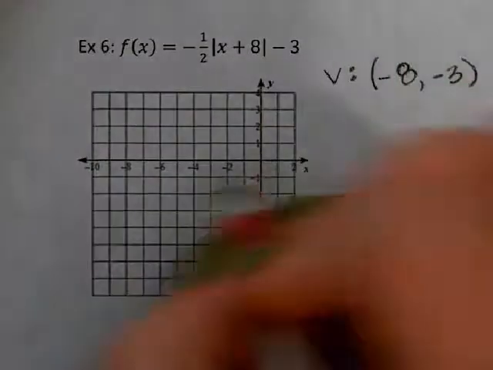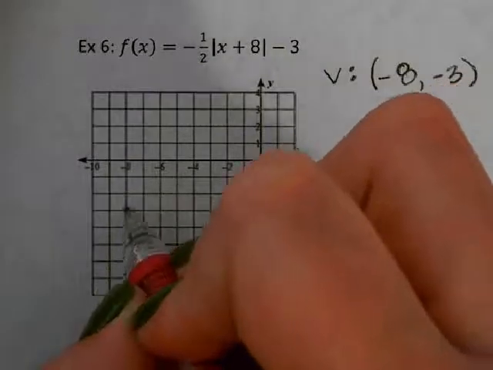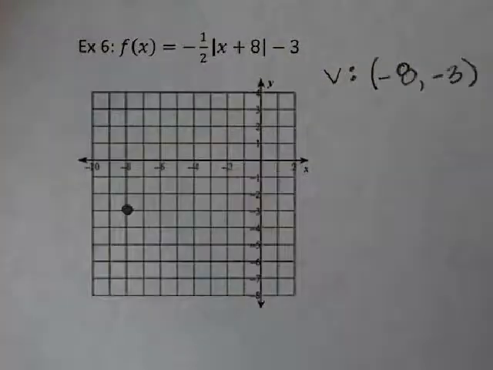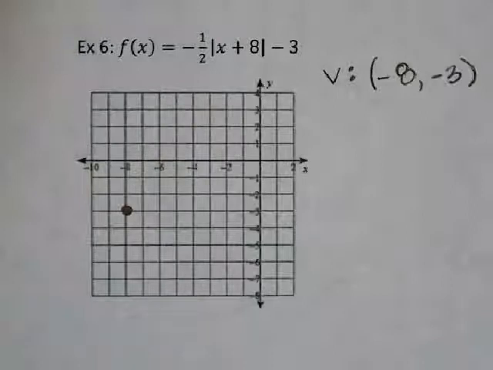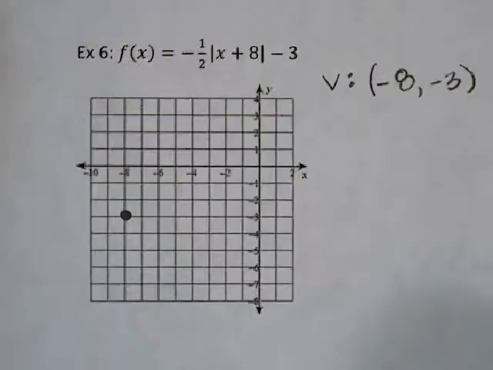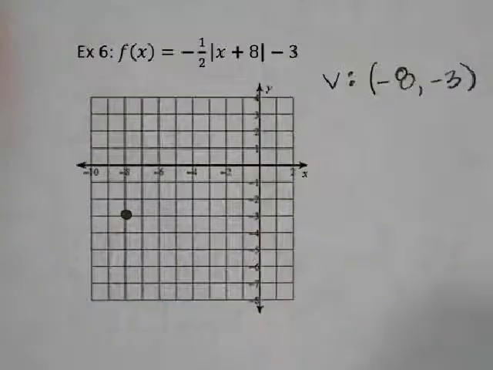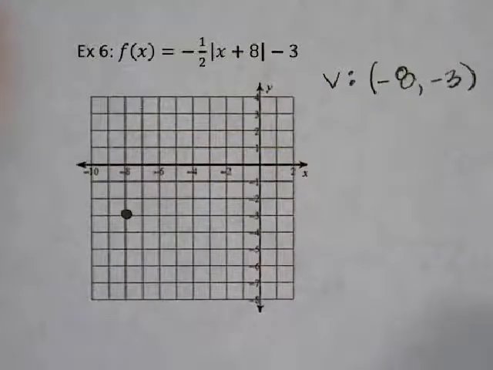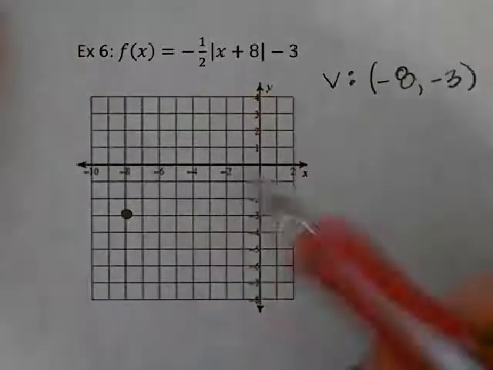And then if we were to graph it, does it go over 1, up 1, over 1, up 1? Or does it go over 1, down 1, over 1, down 1? Does it have a stretch? Does it have a compression? It's a compression. Okay, so it's upside down. We can tell because of the negative. It's upside down. It's a compression of 1/2.